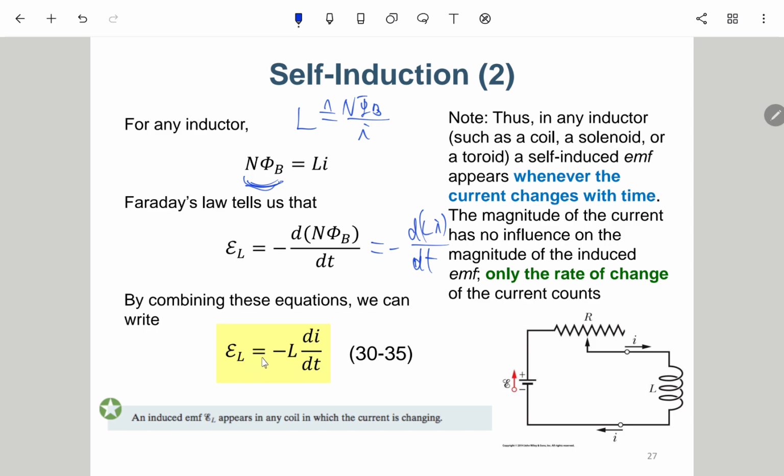So the EMF equals negative L di dt. This is the formula for physicists, but in circuit theory I never use this expression. I always use V equals L di dt.